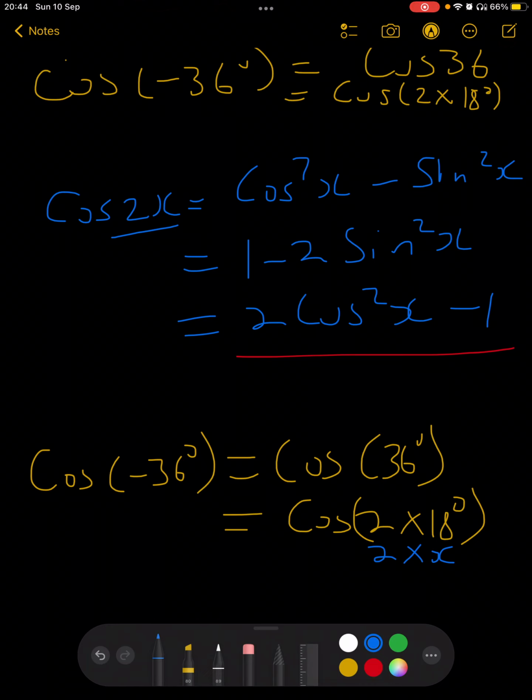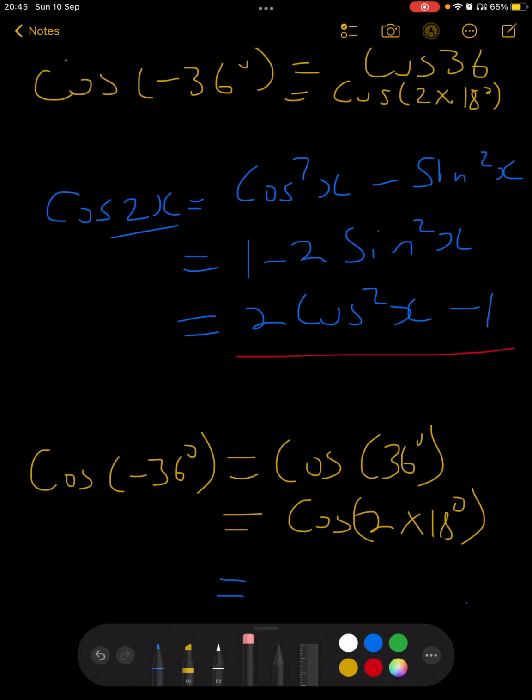Therefore, we're going to express this as 2 cos squared x minus 1. We have written it in the wrong format, so you have to express it properly.